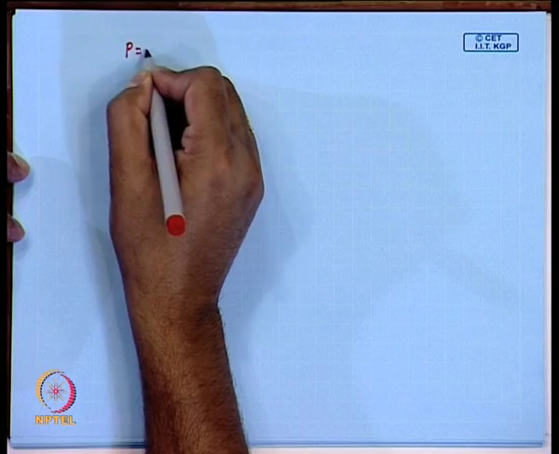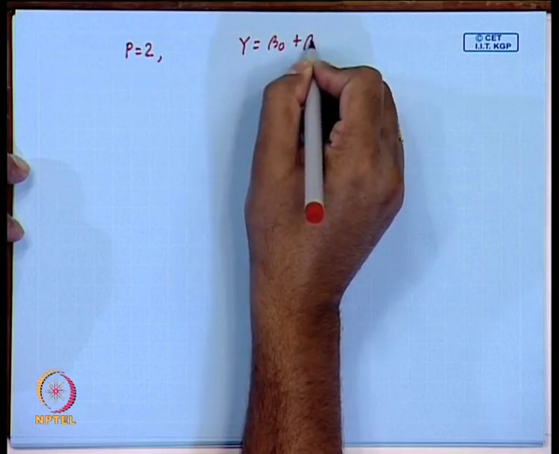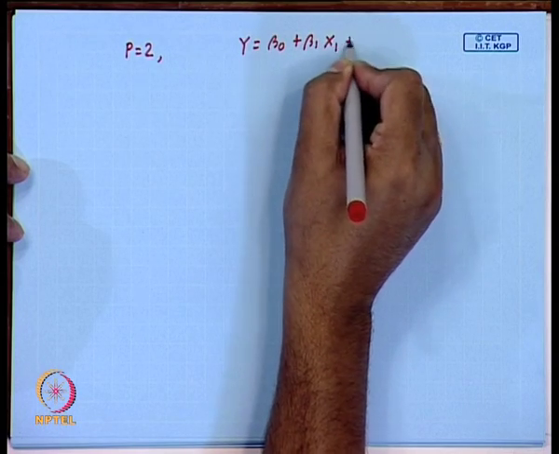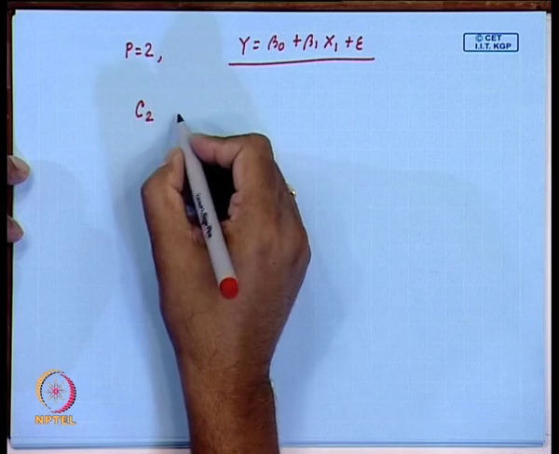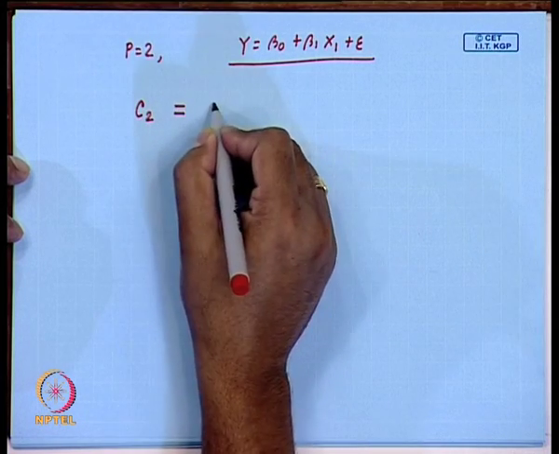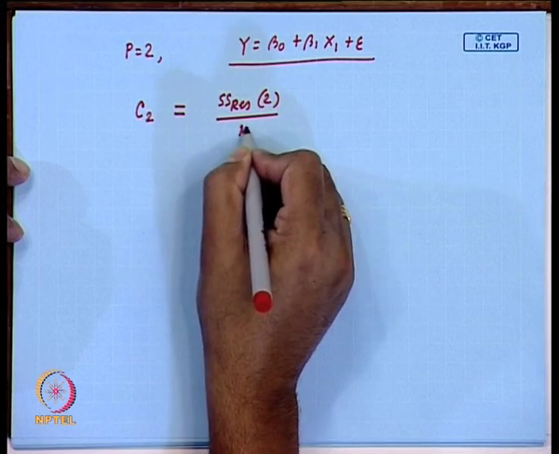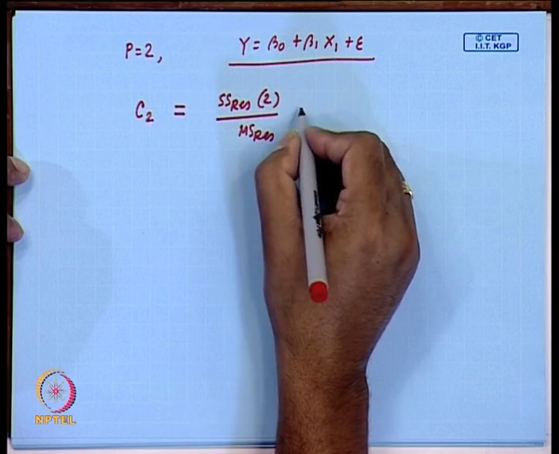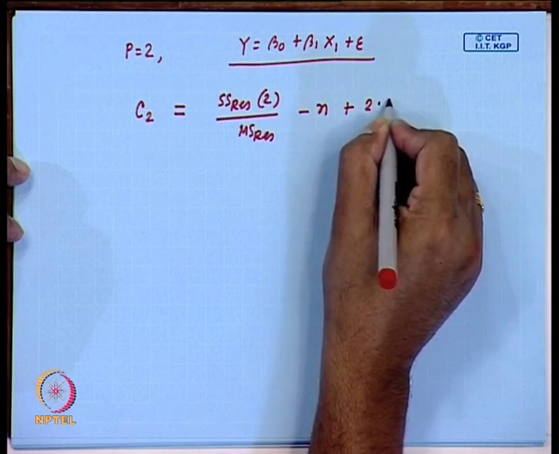First, for p equal to 2, I will calculate the Cp value. For p equal to 2, that means I am considering the model y equal to beta naught plus beta 1 x 1 plus epsilon. So, I will compute C2. C2 is SS residual 2 by MS residual minus n plus 2 into p. So, 2 into 2.